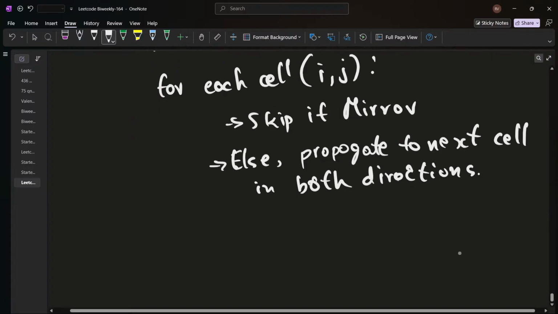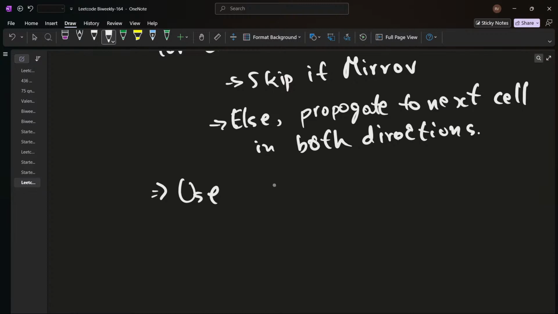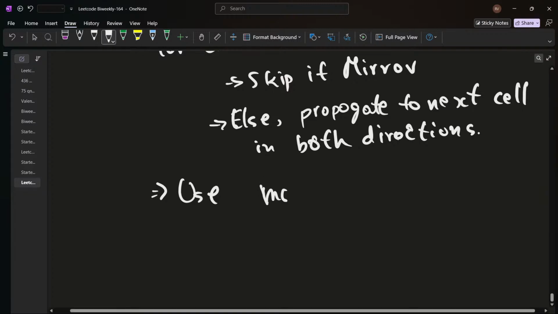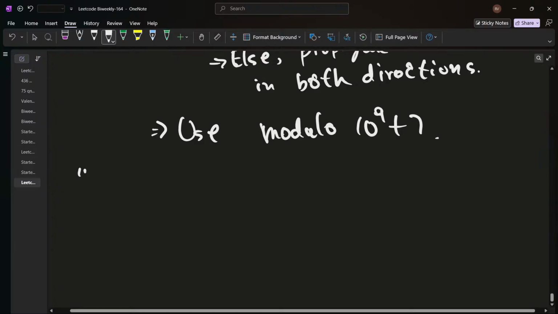After this, very importantly, I use modulo 10 power 9 plus 7, a large prime number. And then in our third step, I'll return my final answer.